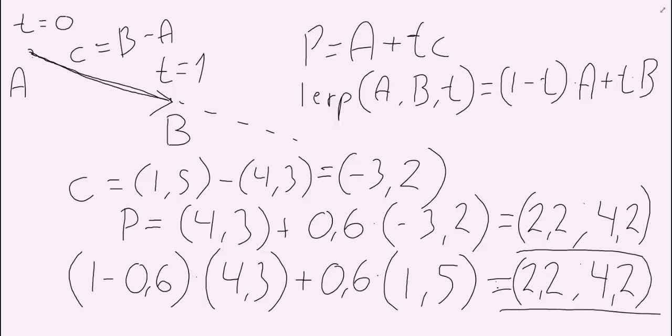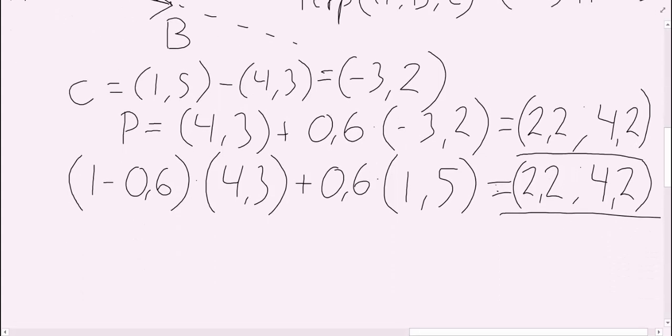Okay, this shouldn't be any surprise that we get the same result, but it's two different ways, either taking a weighted average of the 2 points themselves, or we make the vector and then we just do the same as we've done previously, which is moving it along the vector by the time t, or by the parameter t. So using the parametric form is one, doing a weighted average or a linear interpolation between the points is the other.